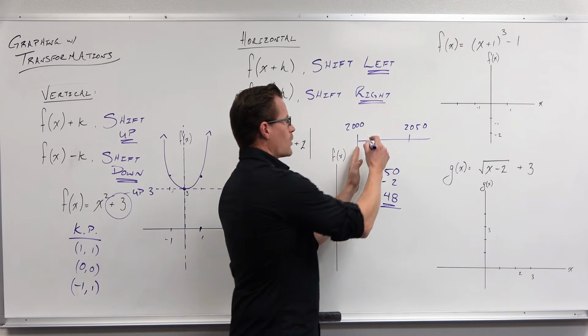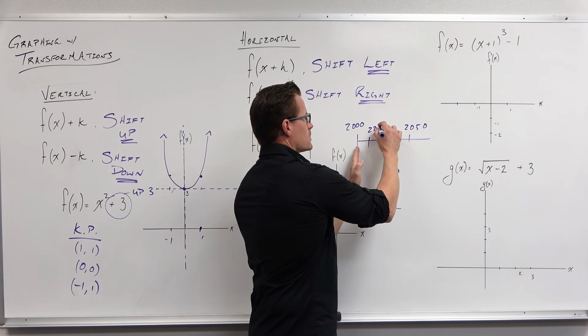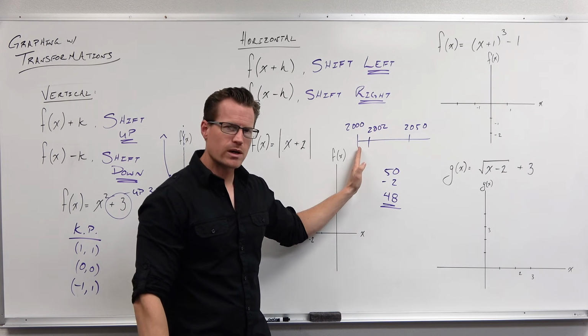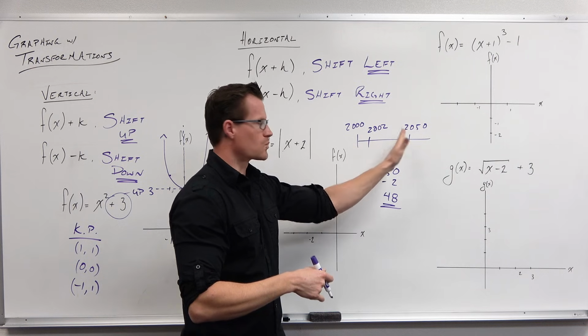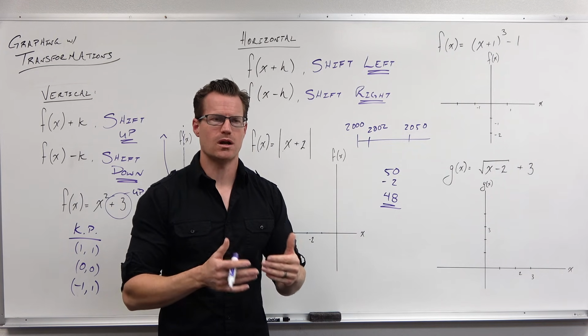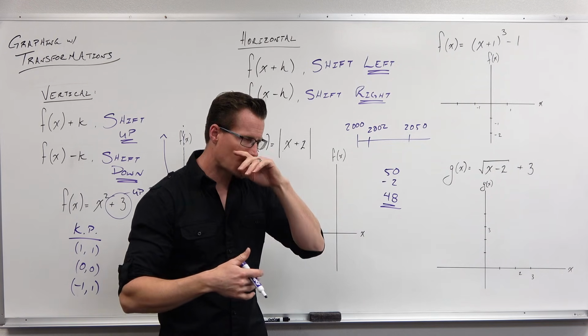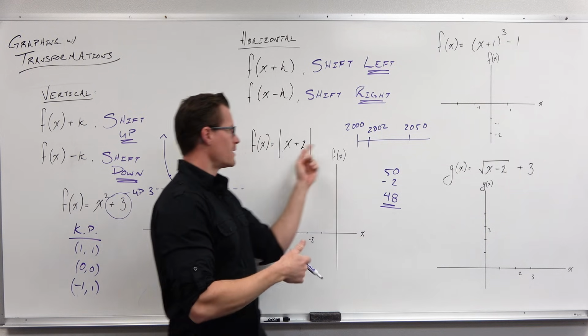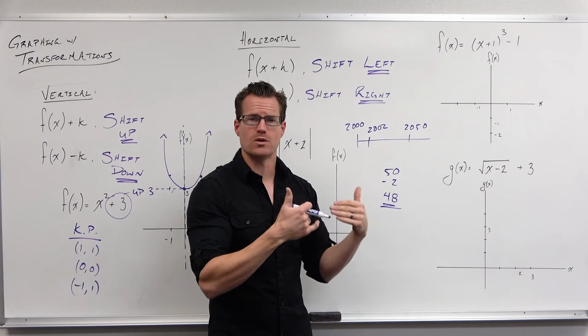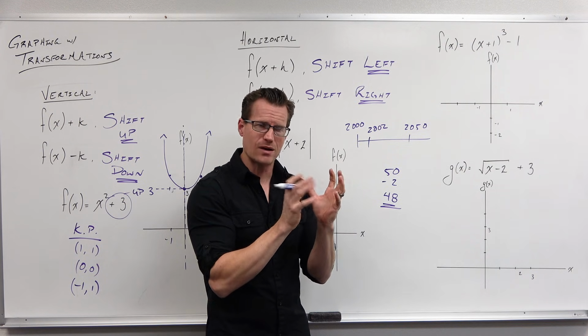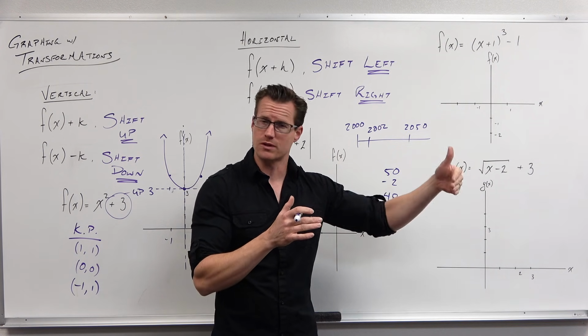No. I'm born in the year 2002. Even though I subtracted 2 from that time, I've moved to the right on my timeline. That's sort of what's going on. I'm subtracting 2 from my input value, and it's moving me actually to the right. I know this is adding 2, I get it, but I need to understand that subtracting 2 from your input, subtracting 2 from your value, is a moving to the right sort of idea on a timeline.